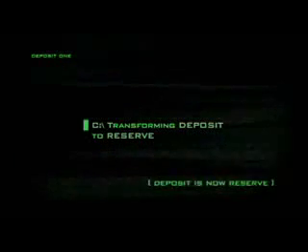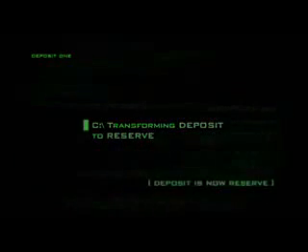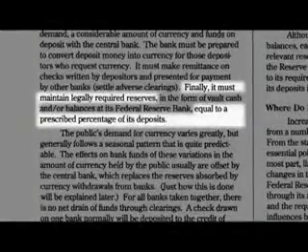For based on the fractional reserve practice, that $10 billion deposit instantly becomes part of the bank's reserves, just as all deposits do. And regarding reserve requirements, as stated in Modern Money Mechanics, a bank must maintain legally required reserves equal to a prescribed percentage of its deposits.